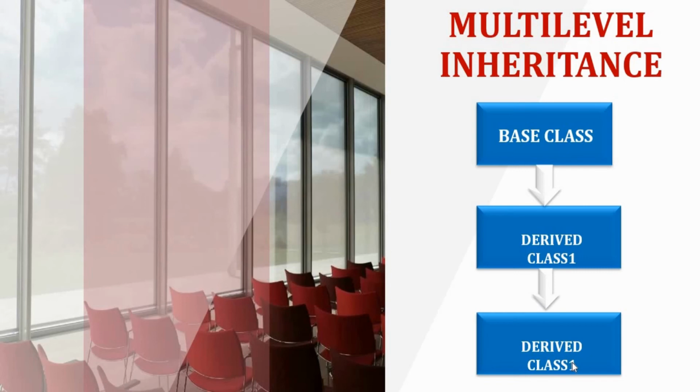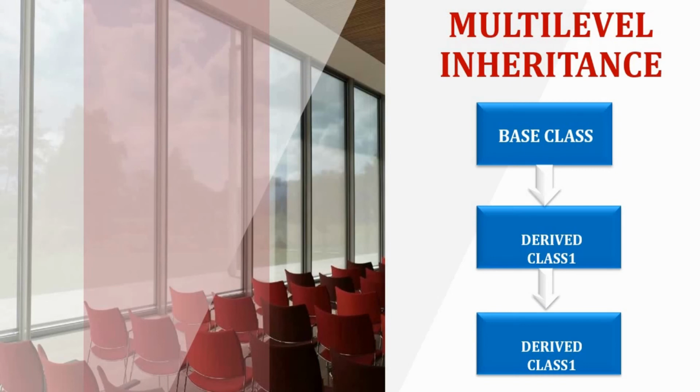So multi-level inheritance can be compared to a generation relationship: grandfather, father from grandfather, child from father, right?